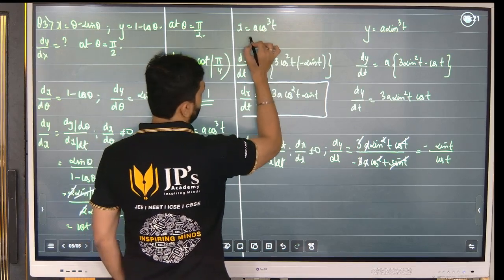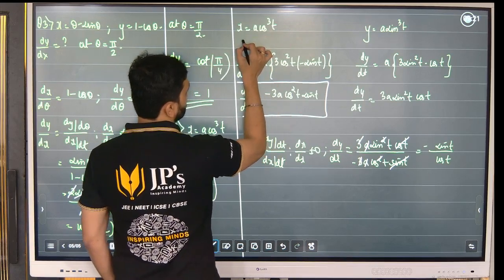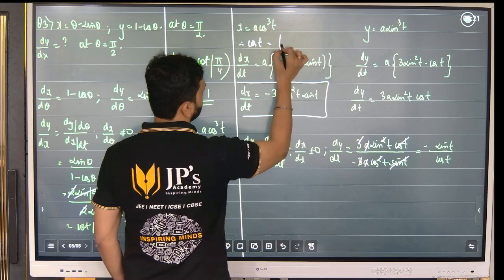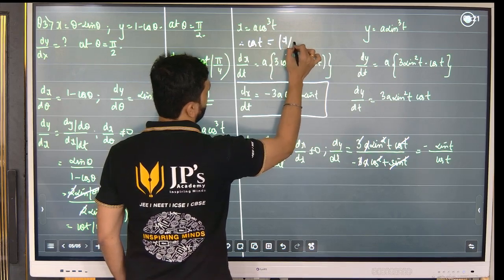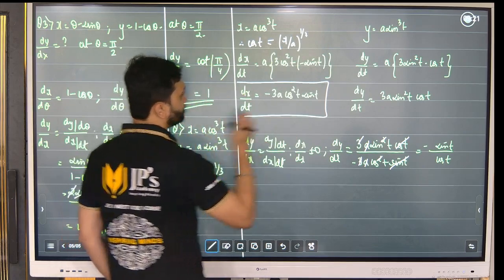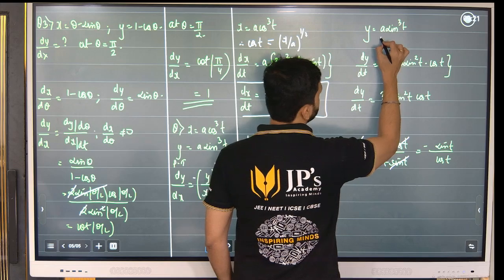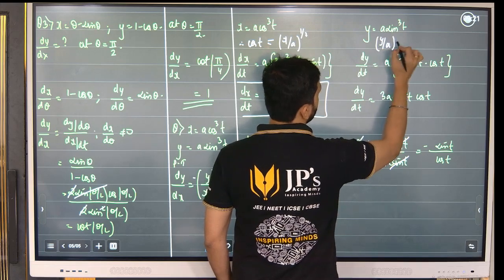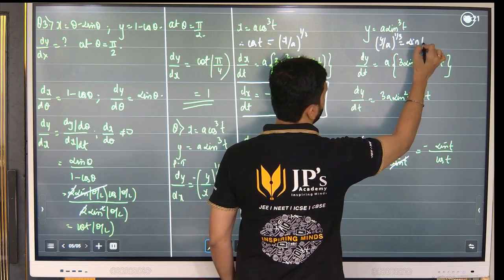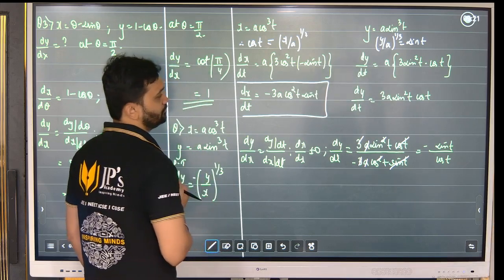Can you guys tell me, if x is equal to a cos cube t, therefore what is the value of cos t? x by a raised to 1 by 3. And this will become y by a raised to 1 by 3 is equal to sin t. Did you understand this?